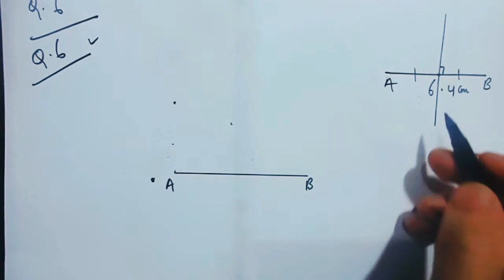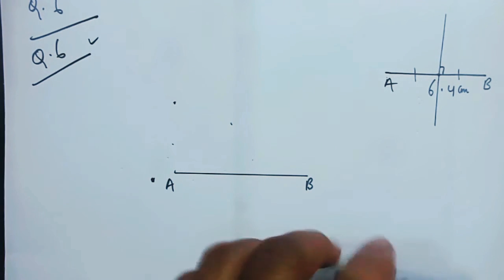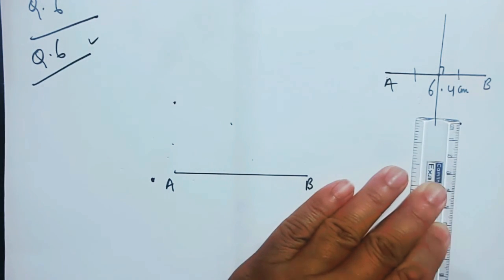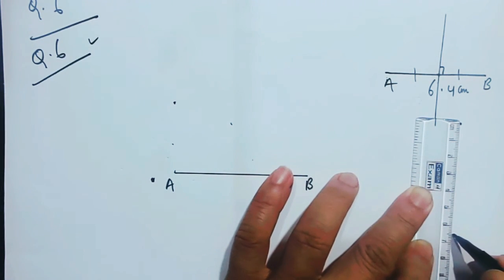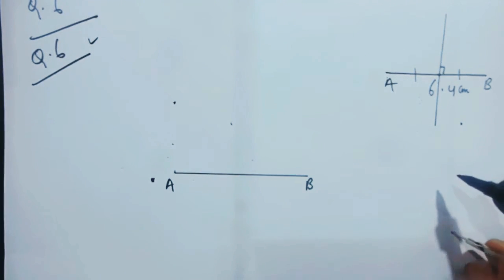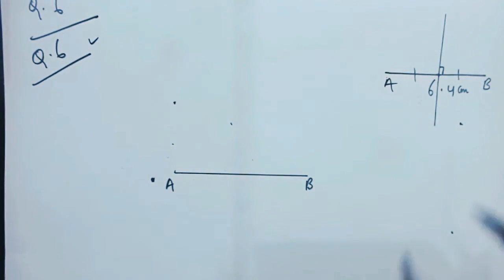Oh, again I have not taken 6.4 centimeter. So what to do? This is my 1 and 6.4 centimeter. So taking this as 6.4 centimeter. Okay, this is my 6.4.